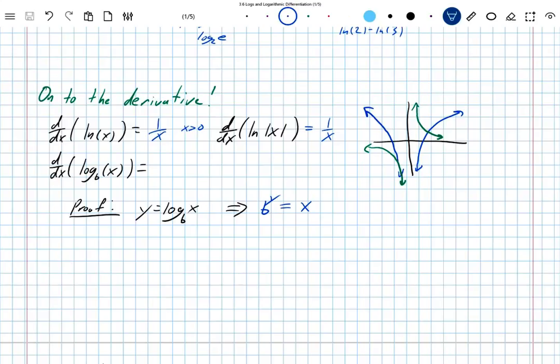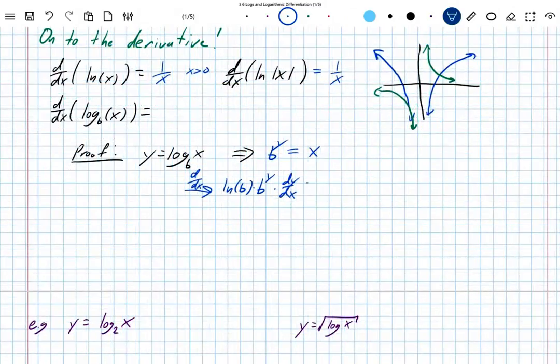Let's go ahead and do it. The derivative of b to the stuff is natural log of b times b to the stuff. But now I need to do the chain rule on that stuff, so that's dy dx. All right, the derivative of the right side is just 1.